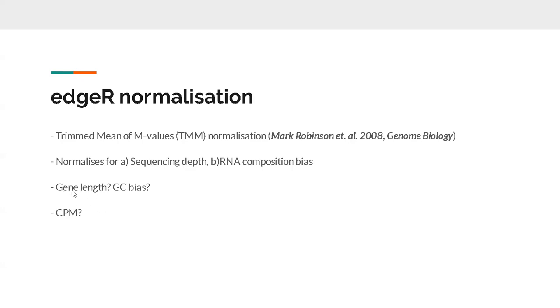Again, the assumption here is that the length of the gene did not change in both conditions. So you really need to know your sample before you apply these normalizations. So edgeR only normalizes for sequencing depth and RNA composition bias, and therefore we could think of CPM rather than RPKM in this direction because it takes care of the sequencing depth. And we'll come to how RNA composition bias is taken care of.